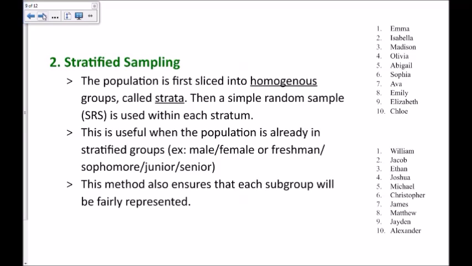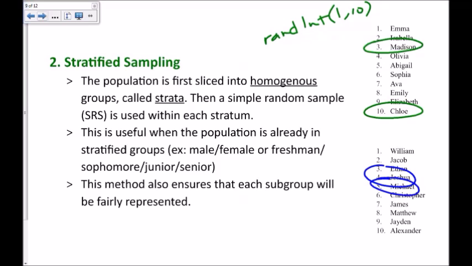So for example, if I randomly generated 2 girls from this list, and I randomly picked, now I'm using randInt 1, 10, or a random table of digits, 2 boys, that would become my sample, some from the girls and some from the boys, so that each group is fairly represented, which is a very nice thing.